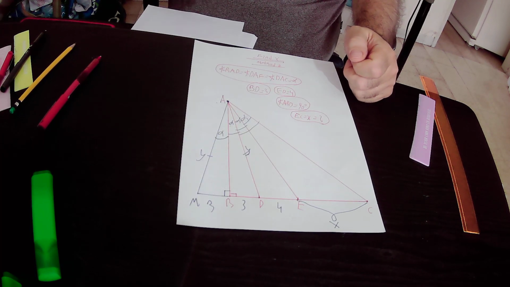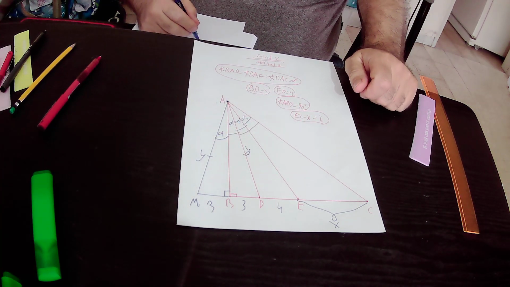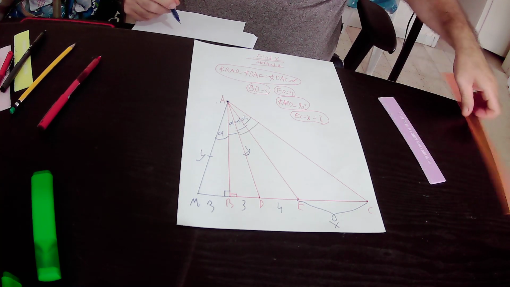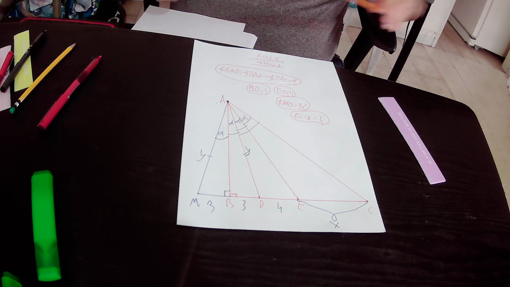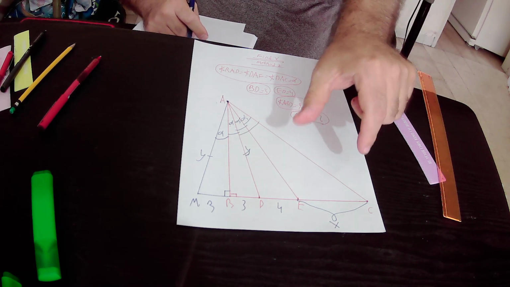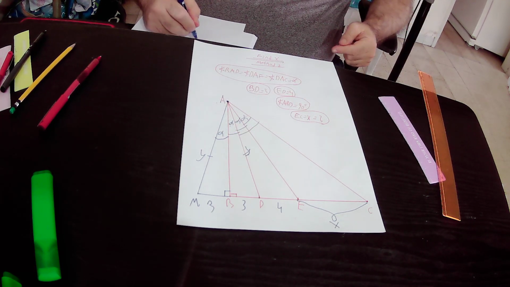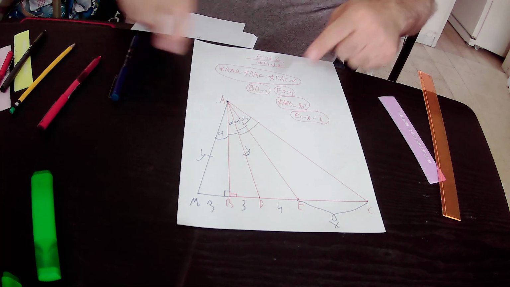But what is the size of DE? DE equals 4 units, according to what is given in the question. And what is the size of EC? EC equals X. And what is the size of AD?